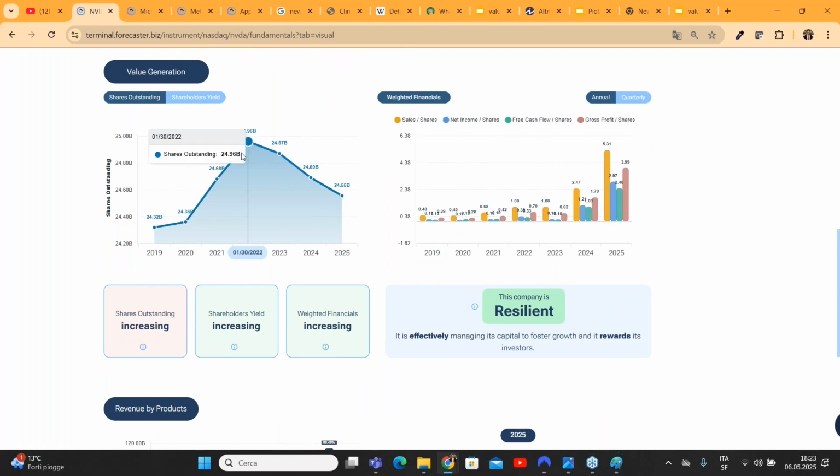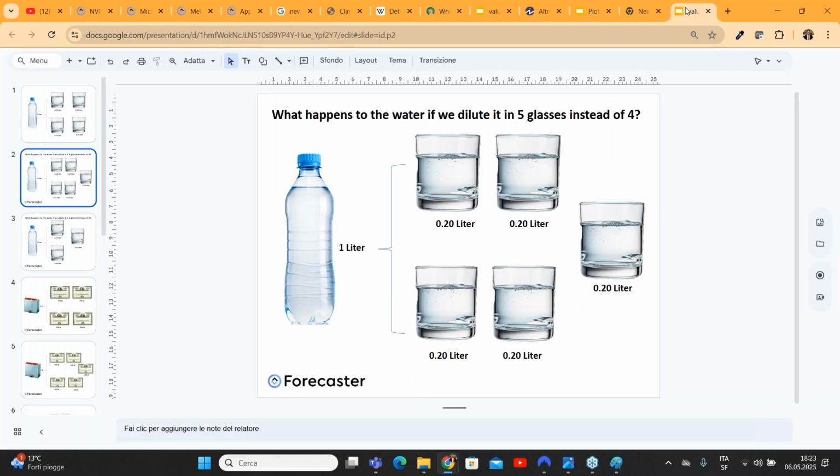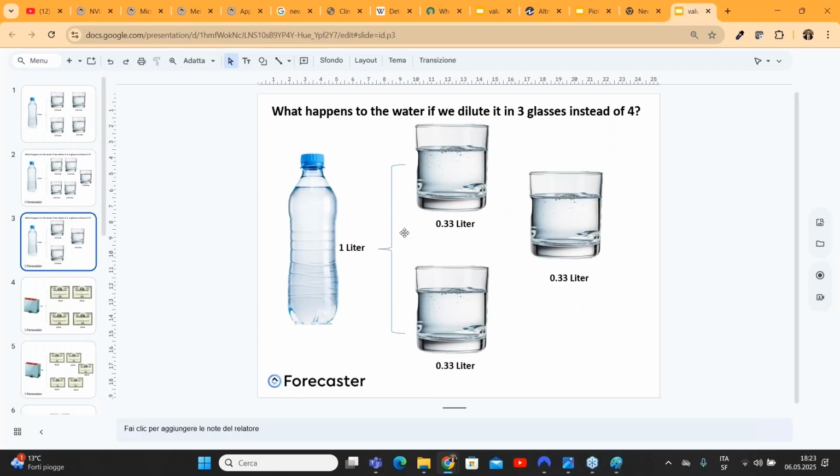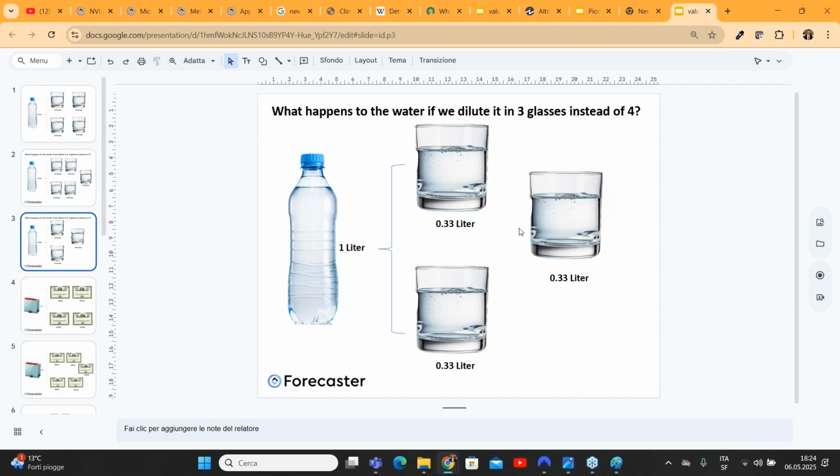Which is something you can do if the company is doing really great, but as Nvidia is doing since 2022, it's better to repurchase shares, because what's happening if you're repurchasing shares, the value... the same liter, if you divide the same liter of water in 3 glasses and not 4, you have 0.33 liter for every glass.